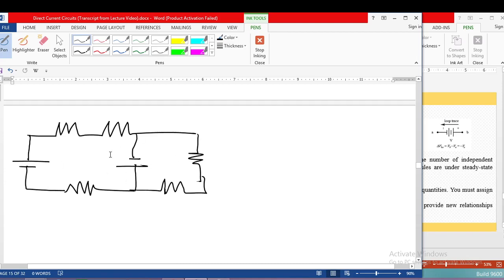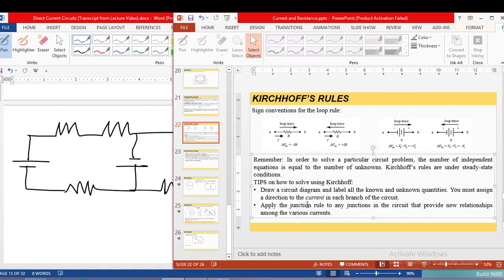So this cannot be solved using the circuit reduction technique, di ba? Kay we don't know if this is in series, or if this is parallel with this because of the two sources. Okay, we know that this is also in series, so we can solve this one using Kirchhoff's rule. Okay, so you draw a circuit diagram, label all the unknowns, and you must assign direction to the current.